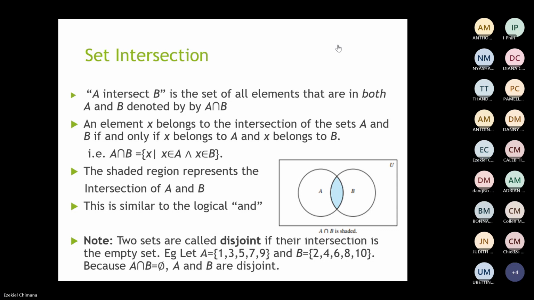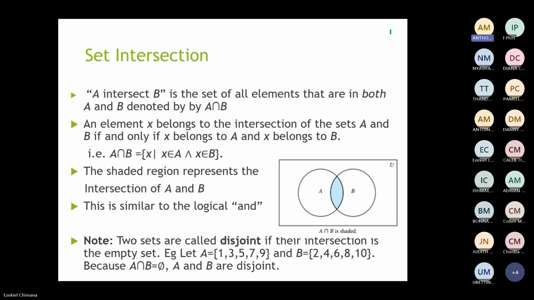Okay, for set intersection. A intersect B is the set of all elements that are in both A and B, denoted by that symbol.